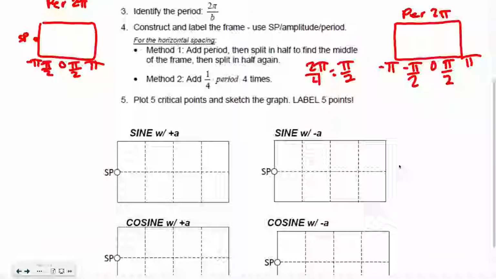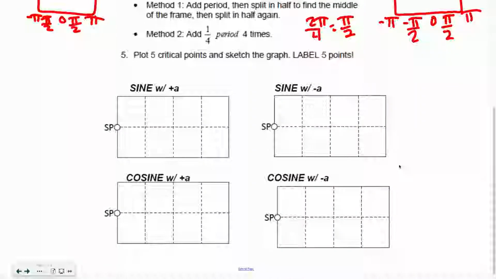Okay. So there are 4 pictures at the bottom. In reality, if you're graphing sine and cosine like on tomorrow's quiz, there should only be 4 pictures that I see: sine with positive A, sine with negative A, cosine with positive A, or cosine with a negative A. So let's talk about sine. When we graphed the parent graph of sine, remember I started with a table of values, the quadrantal angles: 0, pi halves, pi, 3 pi halves, 2 pi.